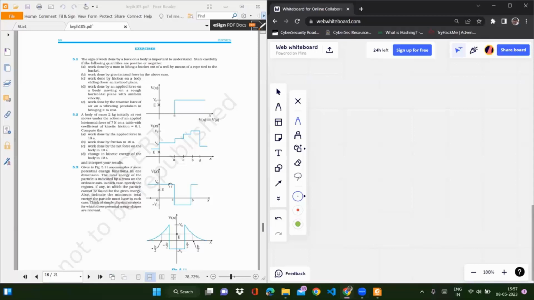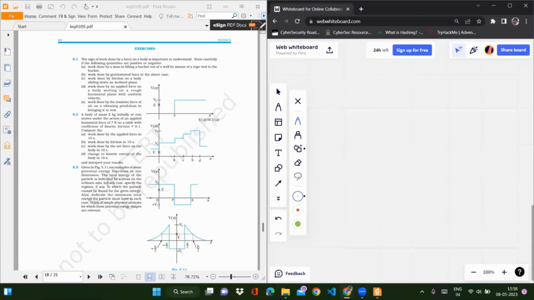So it is V(x) versus x, that is, potential energy is denoted by V. These are the graphs of potential energy, some function of x, and by this cross on the y-axis, they have shown the total energy of the particle. In each case, specify the regions, if any, in which the particle cannot be found for the given energy.